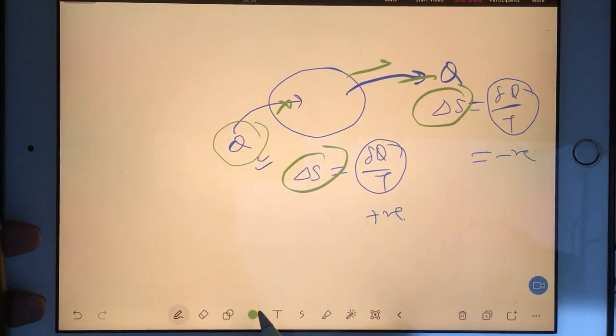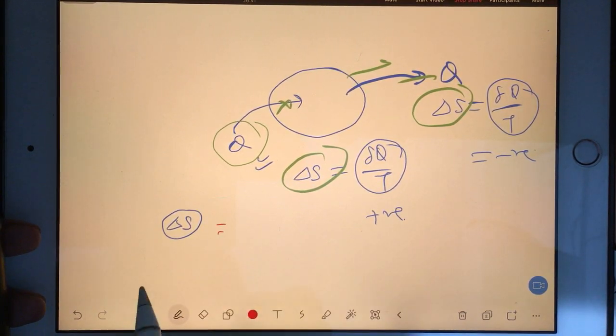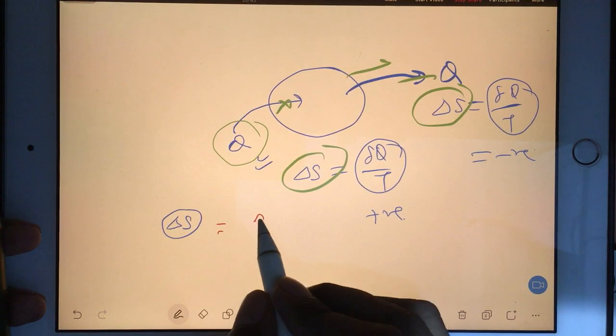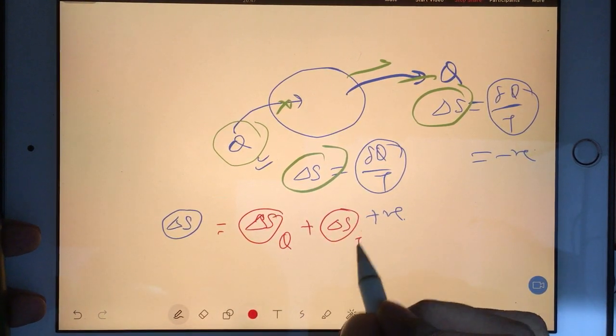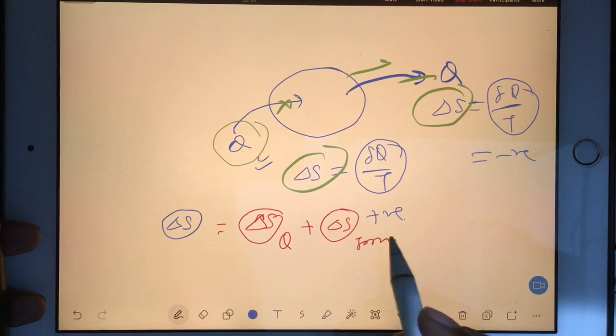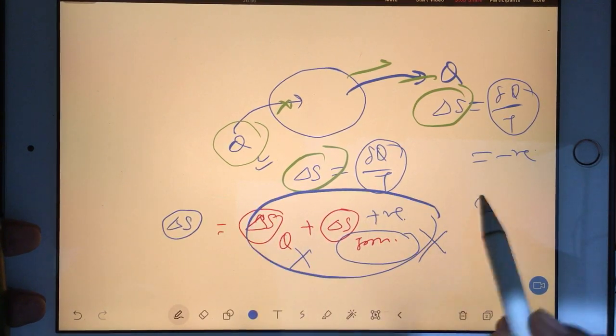Okay. And again you should recall, your change in entropy is not only because of heat transfer. Change in entropy is actually because of heat transfer plus because of irreversibility. So if irreversibility is also not there, and heat transfer is also not there, then total change in entropy is 0.